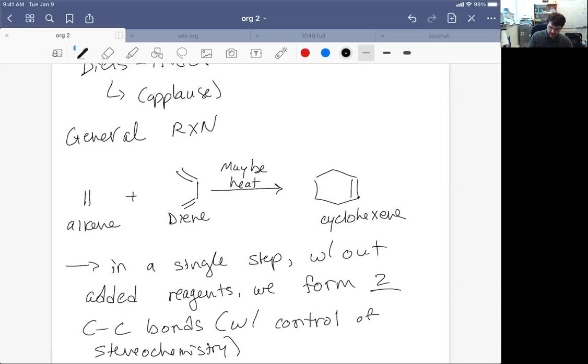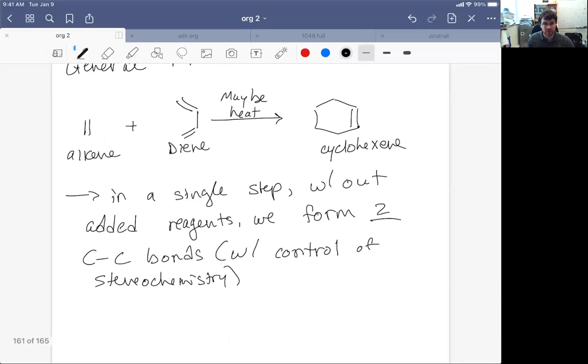All by taking an alkene and mixing it with a diene and perhaps applying heat to the reaction. And so let's just get this out of the way.